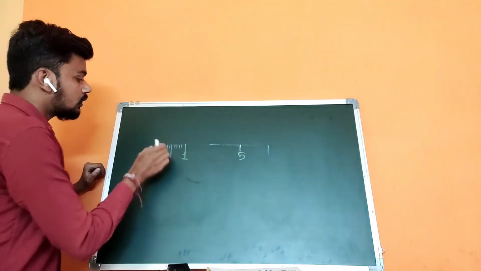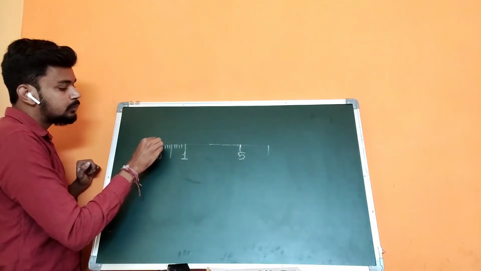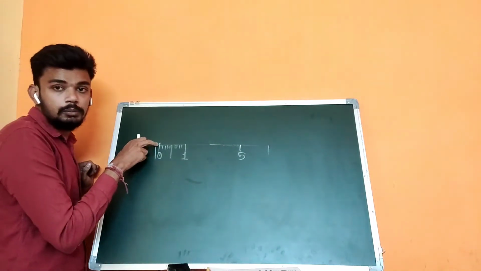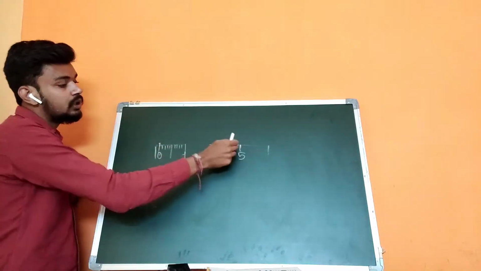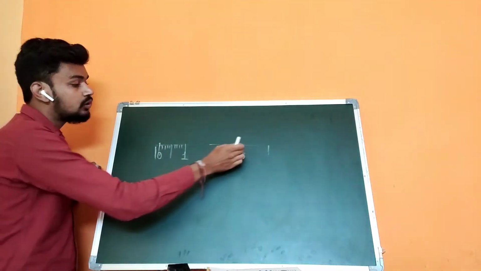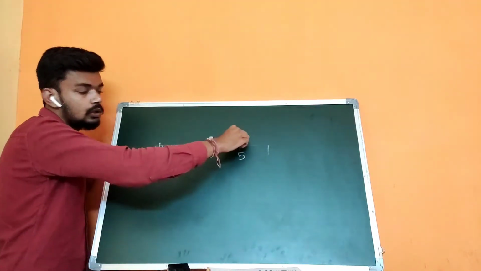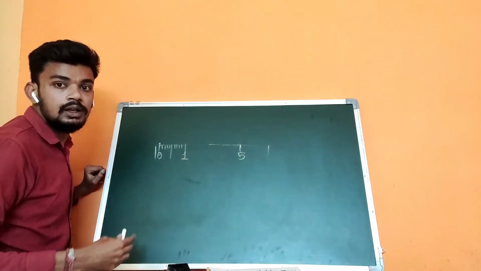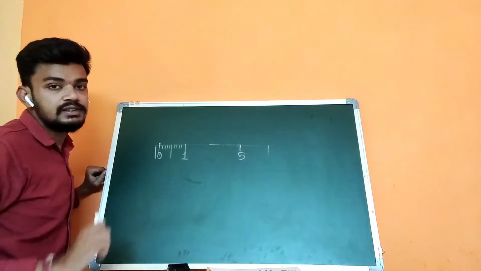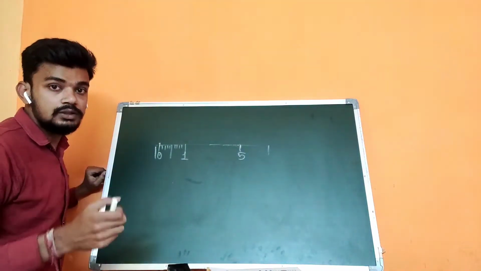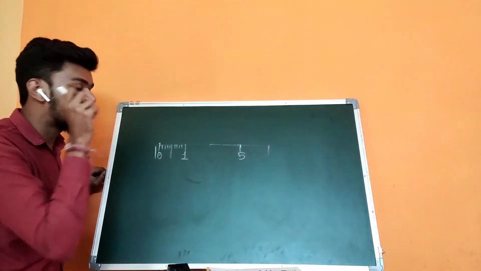So if you put the pointer of the compass on the 0, then your pencil point you should extend over here to the 5. Now the measurement of your compass is 5 centimeter. Understood? See, I am repeating that step.